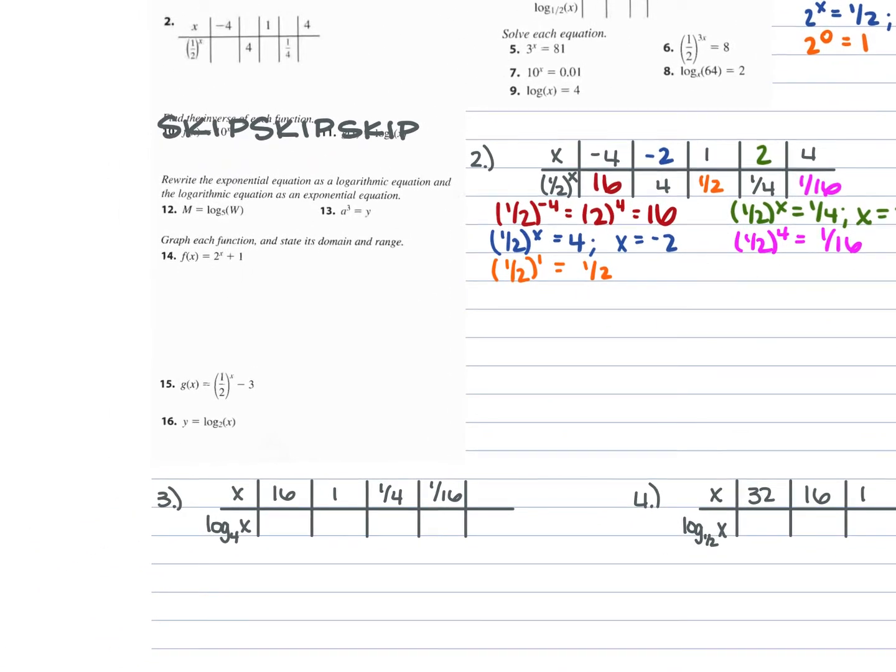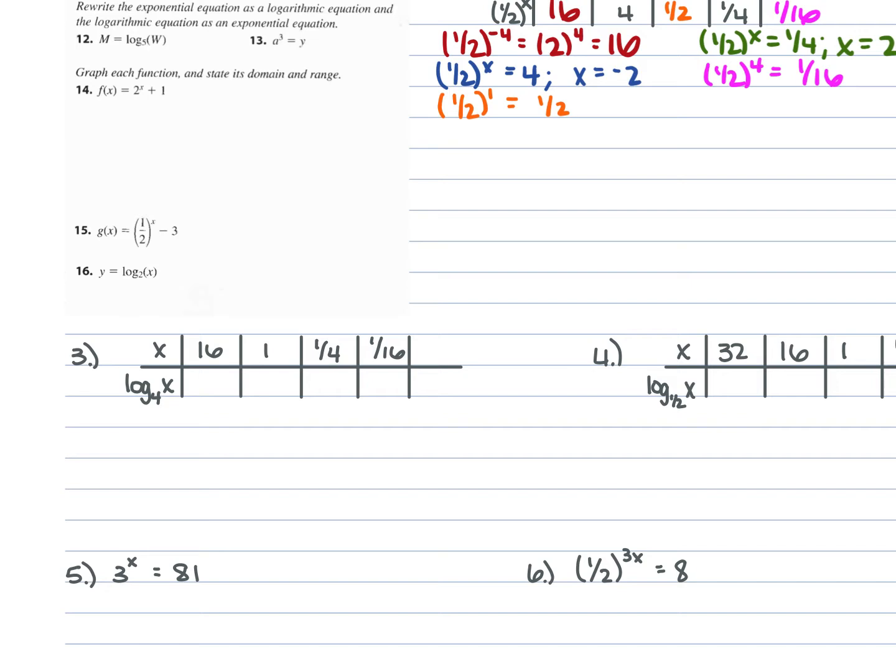For example 3, we have x and log 4 of x. So this is going to give us log 4 of 16. So 4 to what power is 16? It would be 2. So then next we have log 4 of 1.